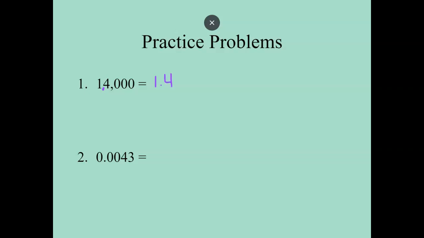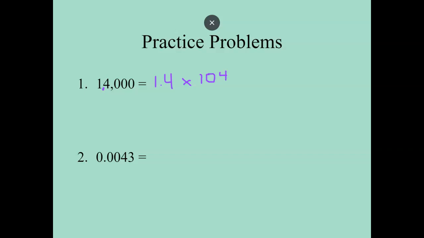So we'll have 1.4 times 10, and then we have to count how many places we went over. 1, 2, 3, 4. So we went to the left 4. So our scientific notation is 1.4 times 10 to the 4th.